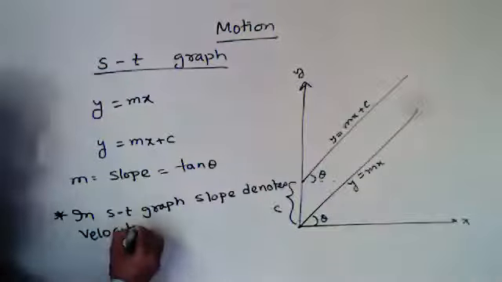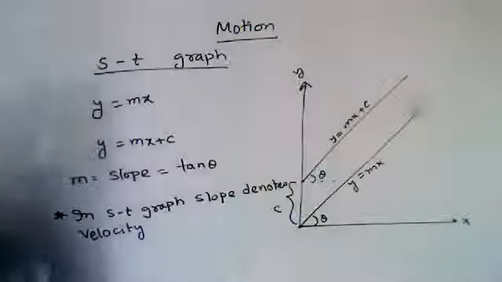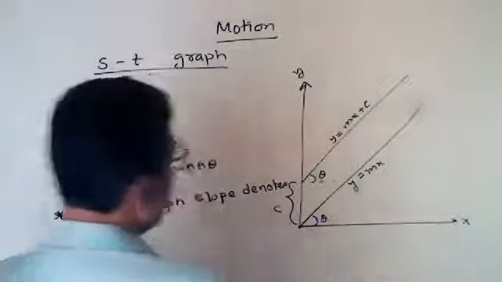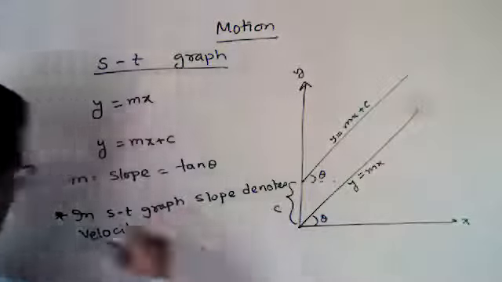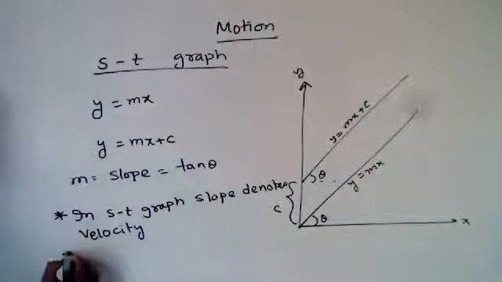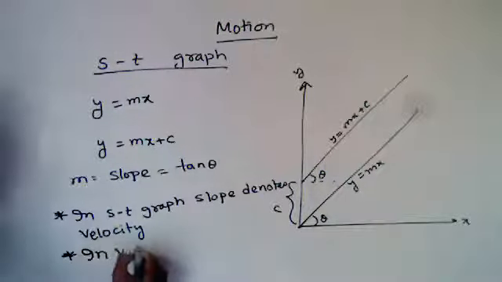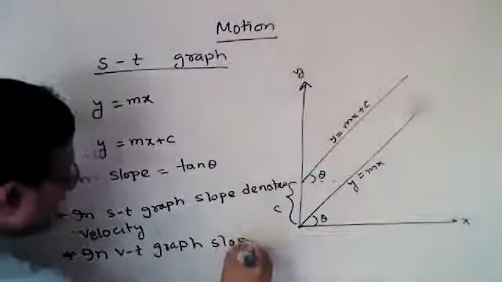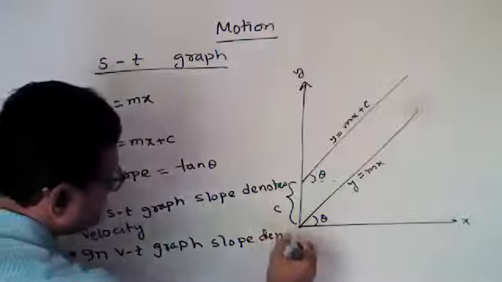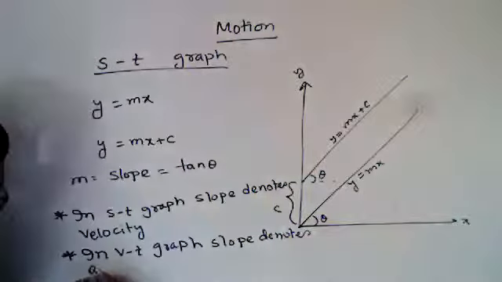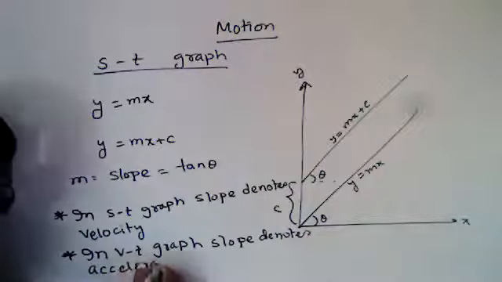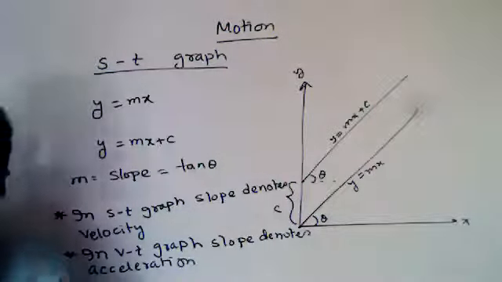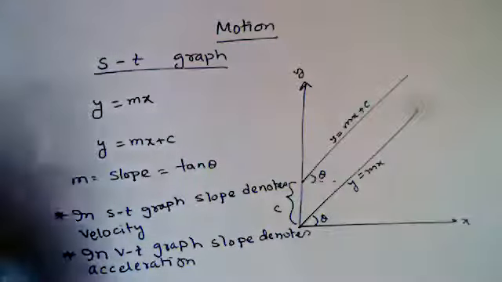I will discuss how that is possible later. And in a velocity-time graph, slope denotes acceleration.